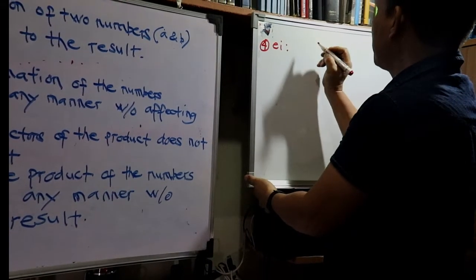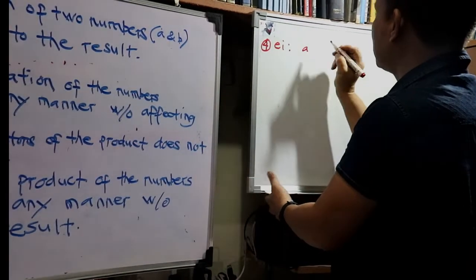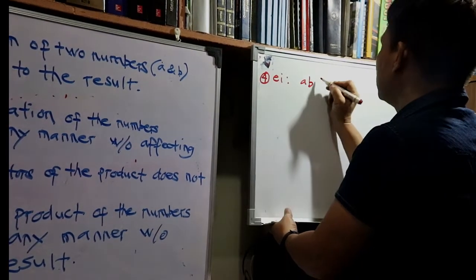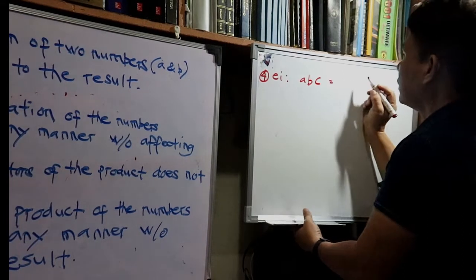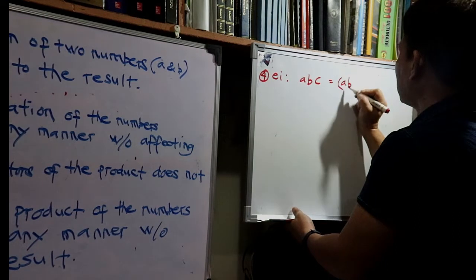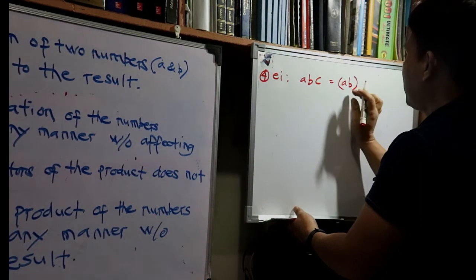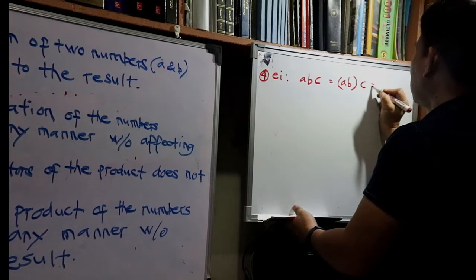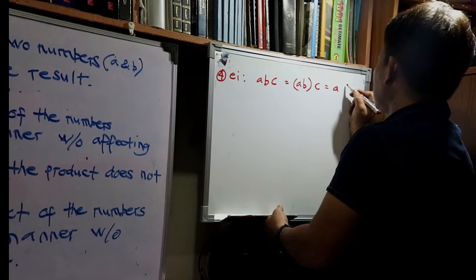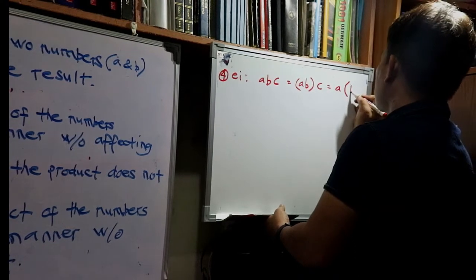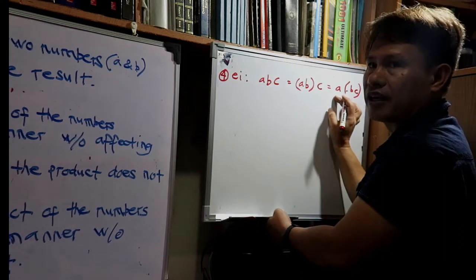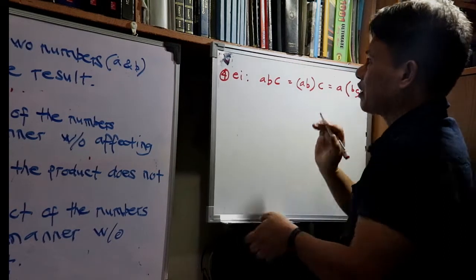Now, if we say A, B, and C. Okay? If A, we're going to associate with B, then times C. It would not make any difference if A is associated closely with B together, then with C. Okay?